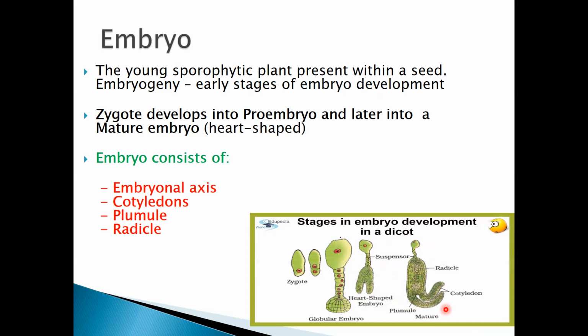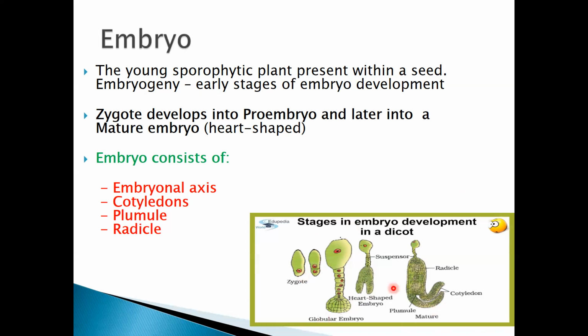Once again I will tell you. First remember the picture. Students, you need to remember it either as a flow chart or as a picture, at least in biology. So this is a small zygote. If you remember this picture-wise, you can easily write it. First the zygote, then the proembryo, then the globular embryo, then the heart-shaped embryo, and then it becomes mature.